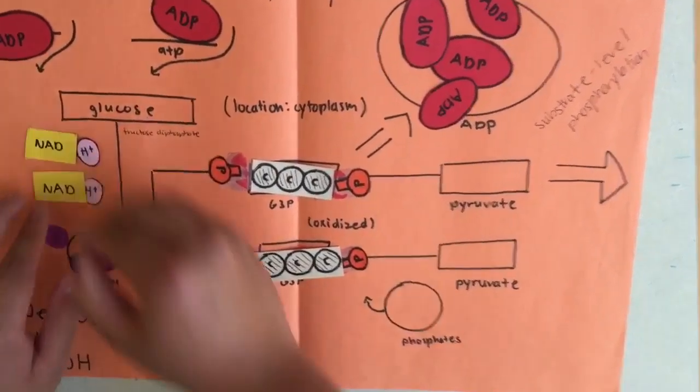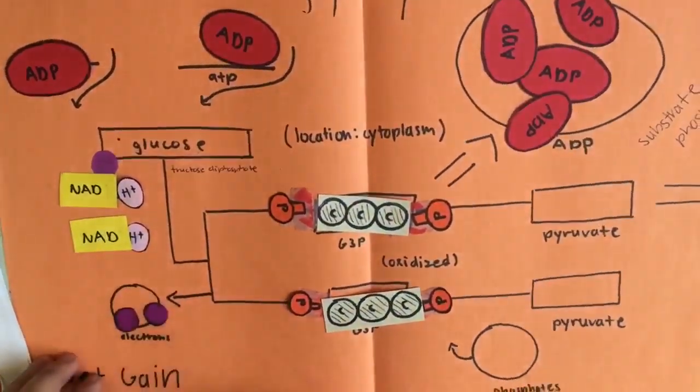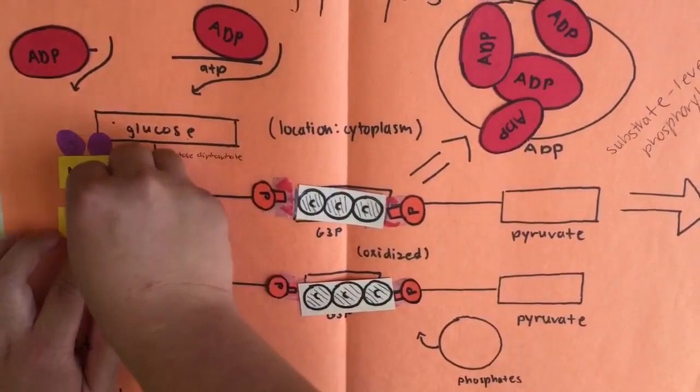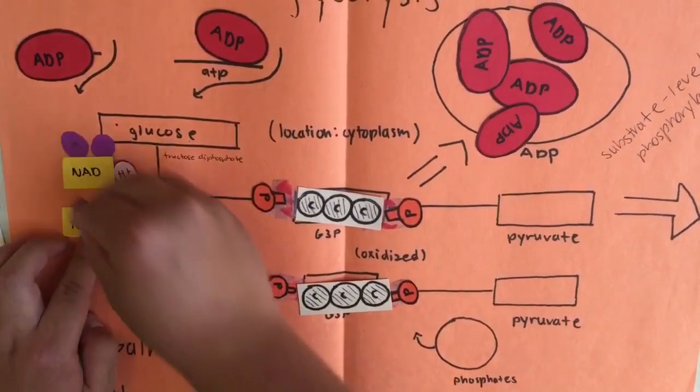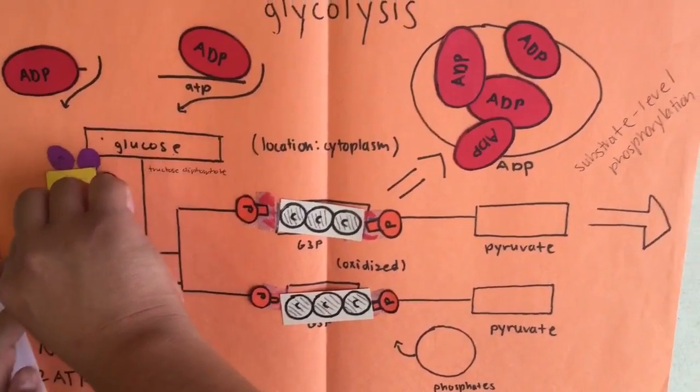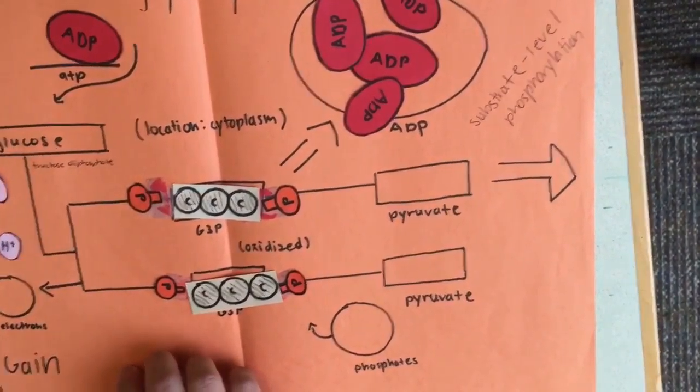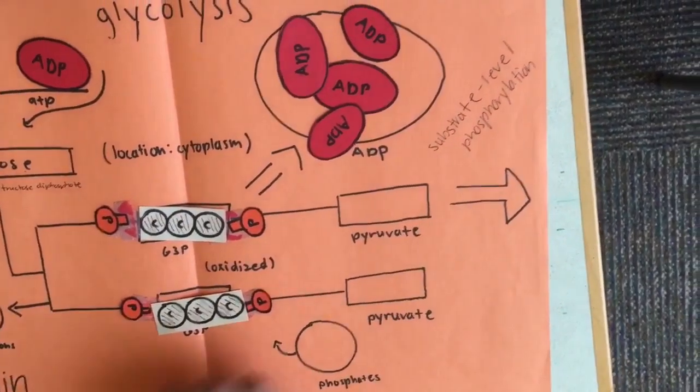Electrons are also added on to the NADH complex. The four phosphates are transferred to four ADP molecules, resulting in four ATP molecules.